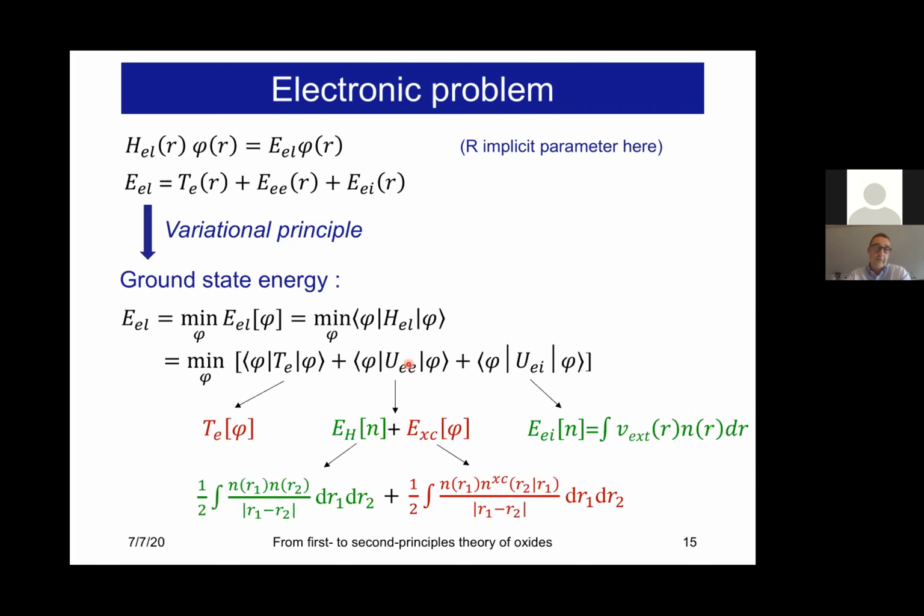So we could say, okay, let's look at what is the electronic density and estimate basically the electron-electron interaction through what we call the Hartree energy, which is basically the energy that is computed by integrating over space the interaction between the density we have at R1 and the density that we have at R2.